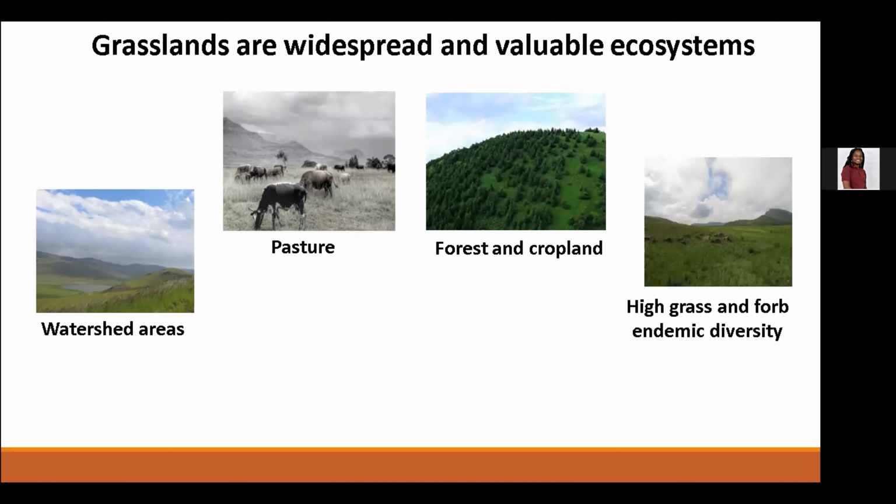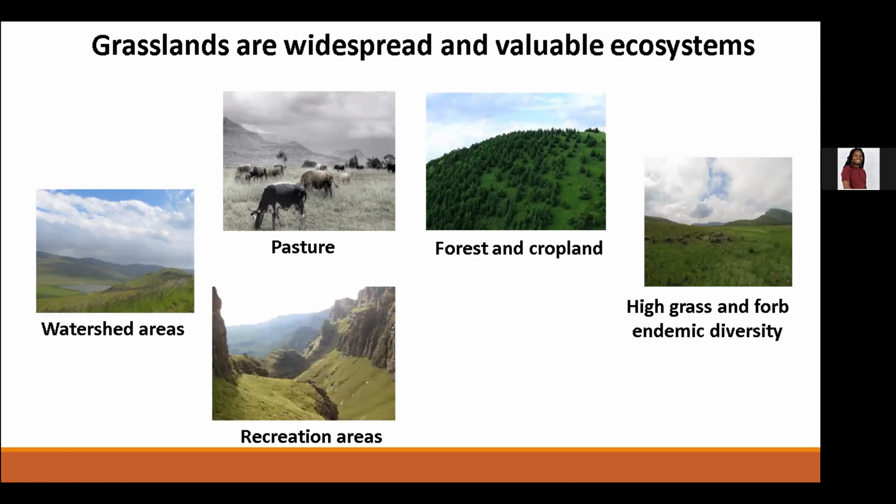And these areas have high grass and forb endemic diversity. Some of these grasslands are in high-lying areas, and they're good for hiking and other recreational activities. There's also been a realization that grasslands are good carbon sinks because of their soils.